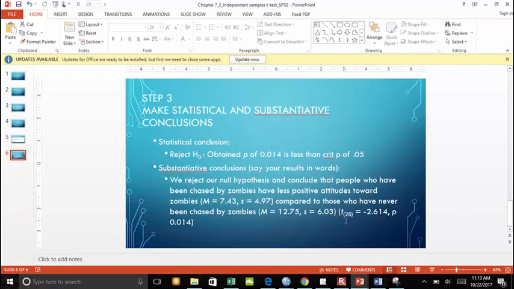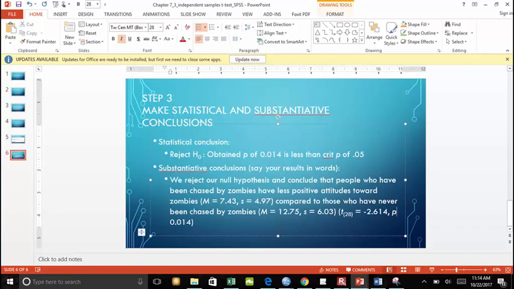And then our t with 28 degrees of freedom was negative 2.614, p equals 0.014. And that's how you do it.